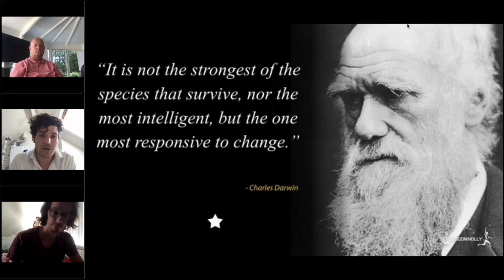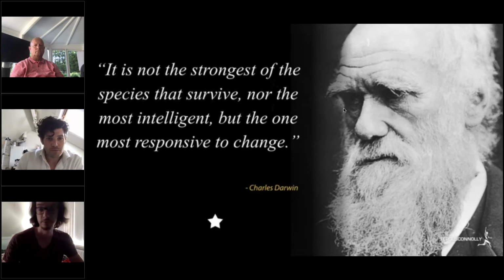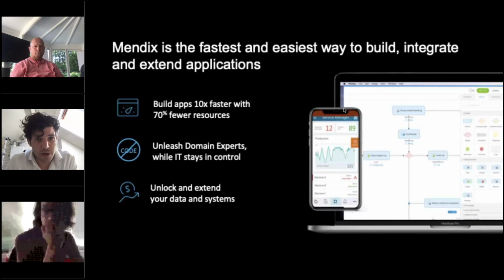And how we do that, maybe we can go to the next slide, is we build apps faster because we use low code instead of just code. So we can build apps 10 times faster with 70% fewer resources.